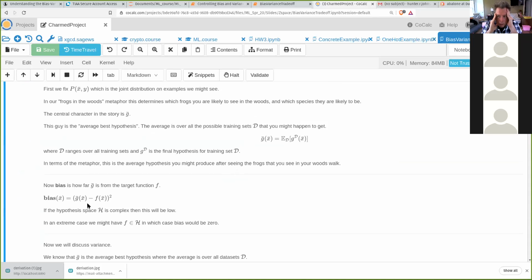It's because there are things in the hypothesis space that are more and more like F, so there's less difference between G bar and F. As model complexity goes up, you get more expressive hypotheses, so eventually you can express something kind of like F, and that makes bias go down.